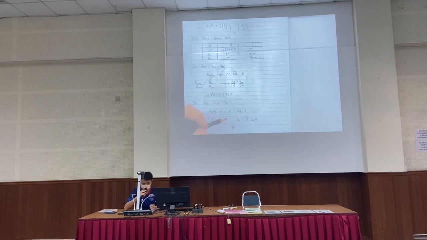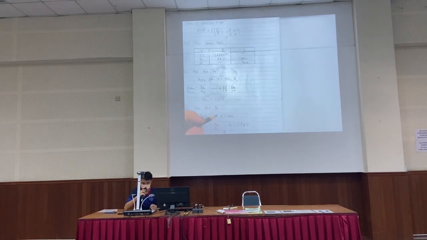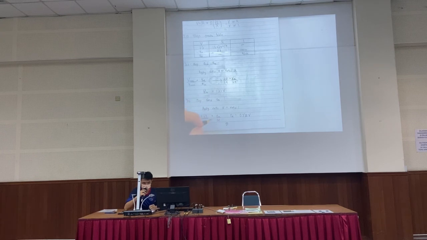And we don't know the electromotive force of PX, which is for B, so we leave it like this, but we know the length, 60 centimeter. By substituting and rearranging, we get the electromotive force of PX equals 0.738 volt.